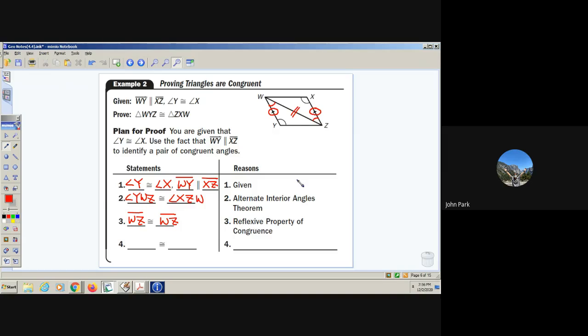So here you can tell that the angle Y and this angle here, YWZ, is congruent. So that's the angle. And then this is the common side for both triangles. If you go through the triangle in order, this is angle, side, congruent to this angle and this side.